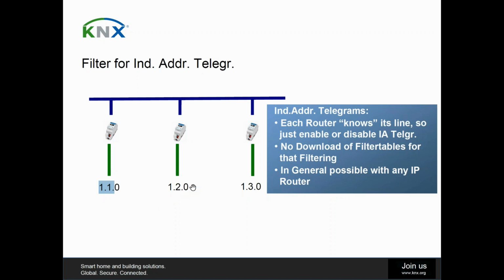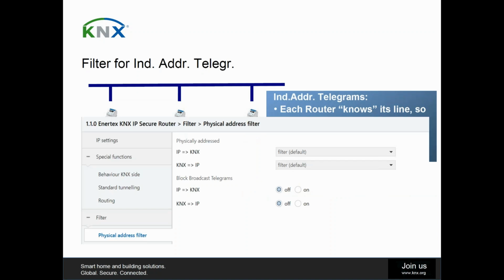So actually there is no need for filter tables or something for download. You just parameterize if you want to use that filtering for the individual address telegrams for that device. As it is here in our Enertex device, and it might be very similar in all the other devices, you can, for example, say here, I want to filter telegrams coming from IP to KNX and vice versa.